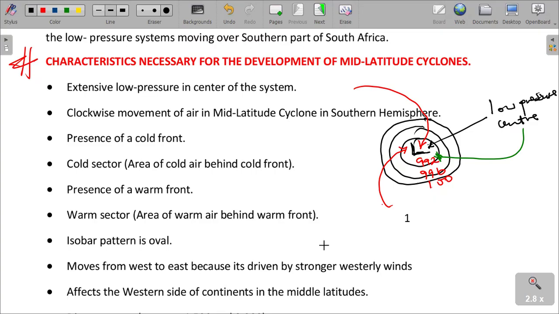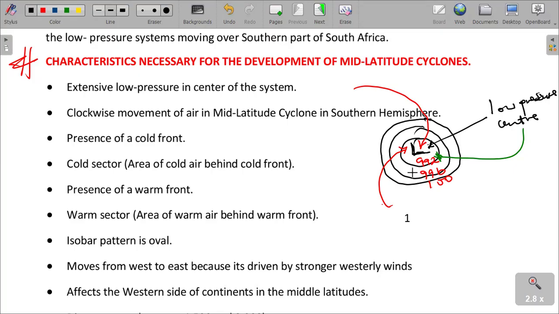So air is moving from a high pressure, which is from the outer isobars that you are seeing here, and then it is pointing to 992, and it's coming from 996 going towards the low pressure center there.